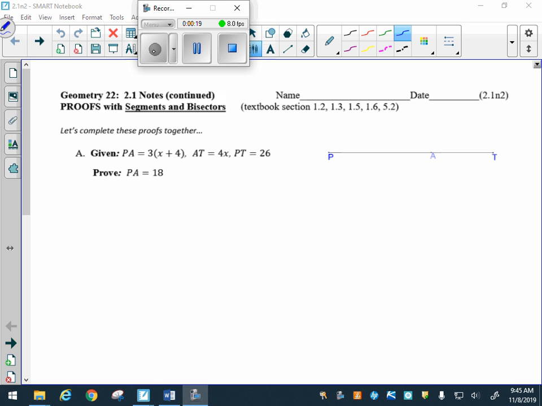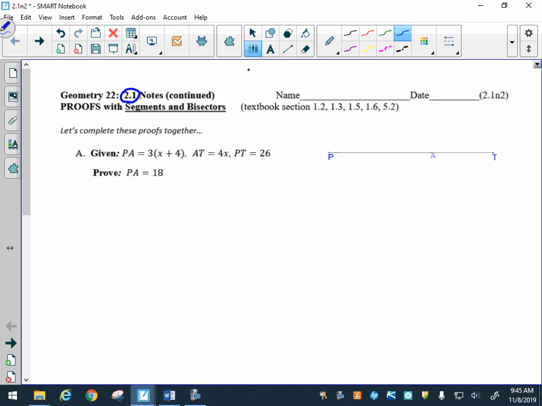If you remember, our new vocabulary in this section 2.1 included segment addition postulate, bisectors, and midpoints. And we had perpendicular in there too. So these are the concepts that we want to now look at how this affects proof writing.